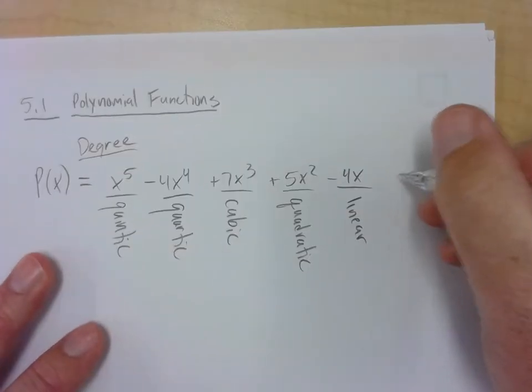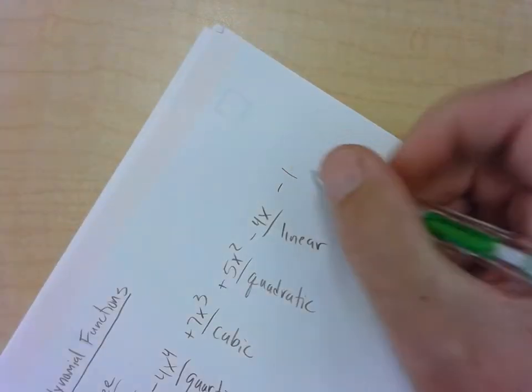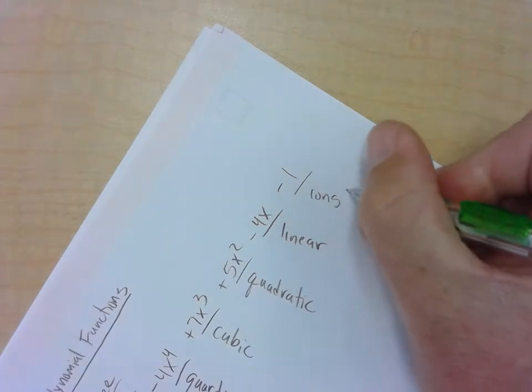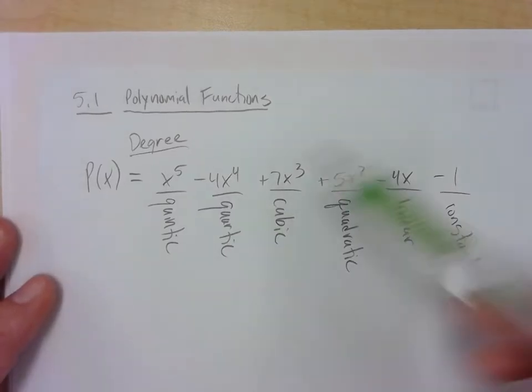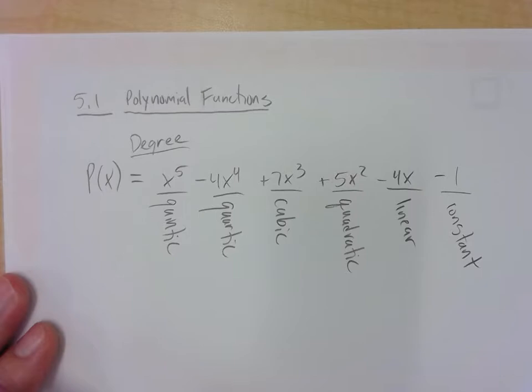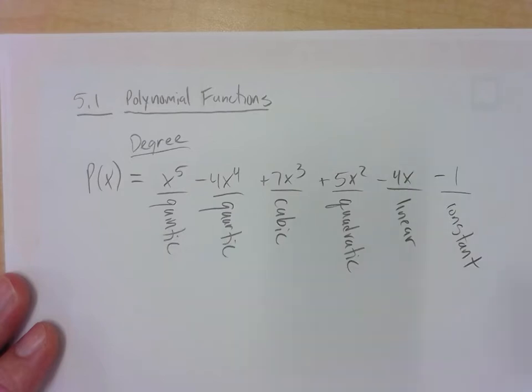And we'll do another negative, minus 1. And this is the constant term. The book that we use doesn't name things past x to the fifth power, so it could have x to the sixth, x to the seventh, and keep going, but these are the names that we have.